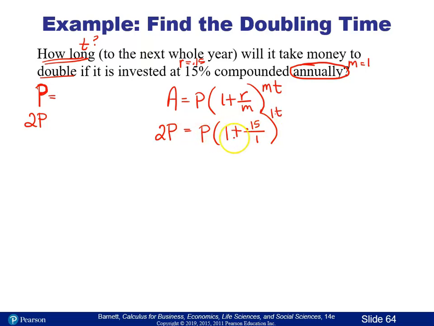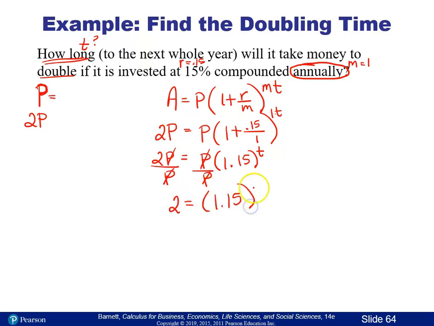All right, the thing that's good about this is, well, first of all, let me clean this up a little bit. This inside would just be 1.15, and that would be to the t. We can divide this P away, so it's not really going to be a part of our equation. It's just going to be 2 is equal to 1.15^t. Okay. All right, so we're going to take the natural log of both sides like we've done on some of our previous examples that weren't word problems.